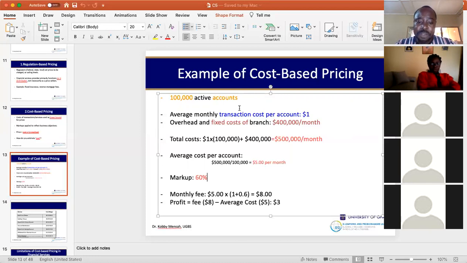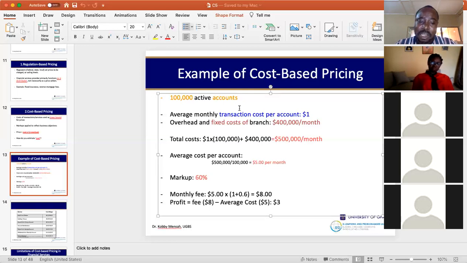Now, if you divide that 500,000 per month, remember: if more, less divides; if less, more divides. So if you divide the 500,000 by 100,000, you get 5 cedis, which is your average cost per month.